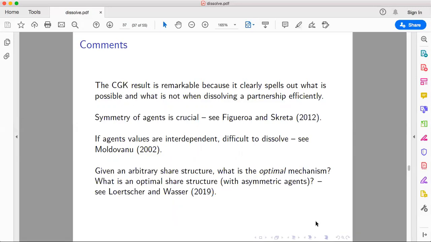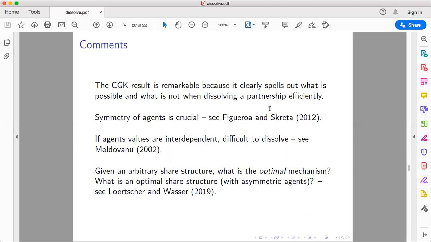This symmetry of agents is crucial, in the sense that, you remember, we took that each agent is drawing its value independently and identically. So both these assumptions are crucial in the whole analysis: that all the agents are drawing from the same distribution with the same support, and their values are independently drawn.